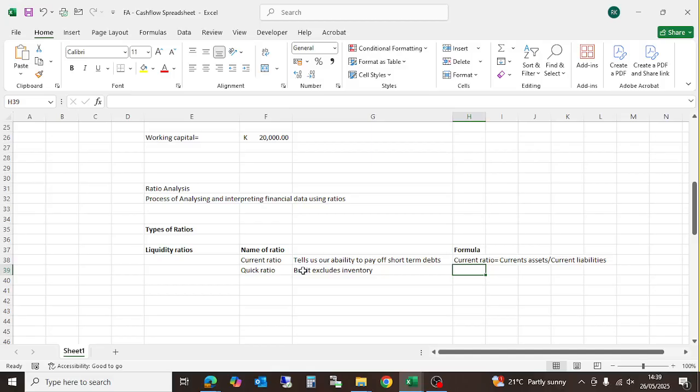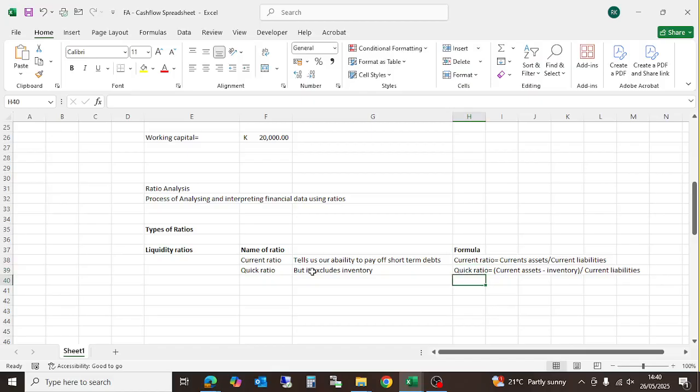The formula will be: quick ratio equals current assets minus inventory, divided by current liabilities.